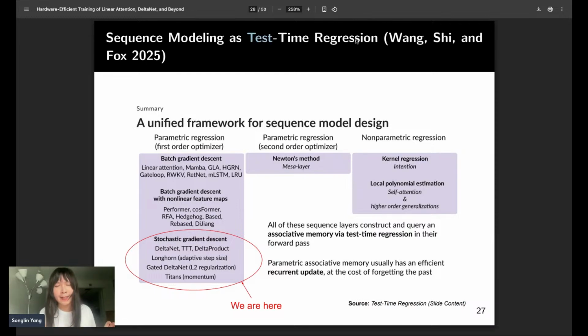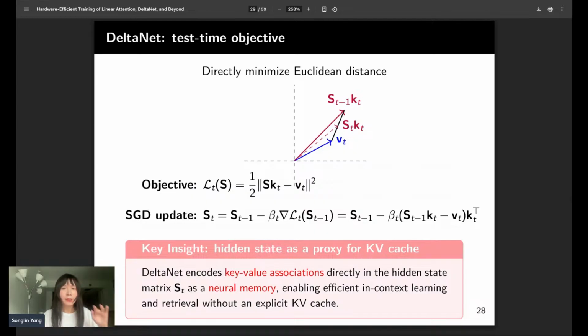It categorizes many recent sub-quadratic sequence modeling layers into several categories. And DeltaNet has an online learning objective, and it uses stochastic gradient descent to optimize the online learning objective. The online learning objective of DeltaNet is this linear regression loss between the transformed key and the values.